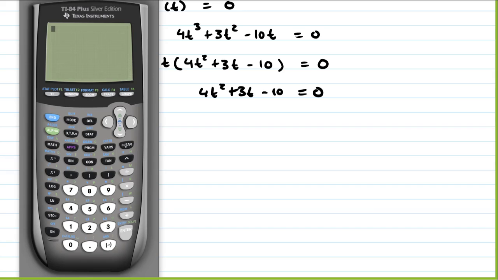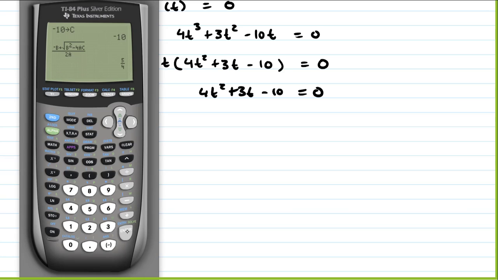So I'm going to just save these as a, b, and c in my calculator. So a is 4, b is 3, and negative 10 is c. And then I type negative b plus the square root of b squared, take away 4 times a times c, all over 2a.